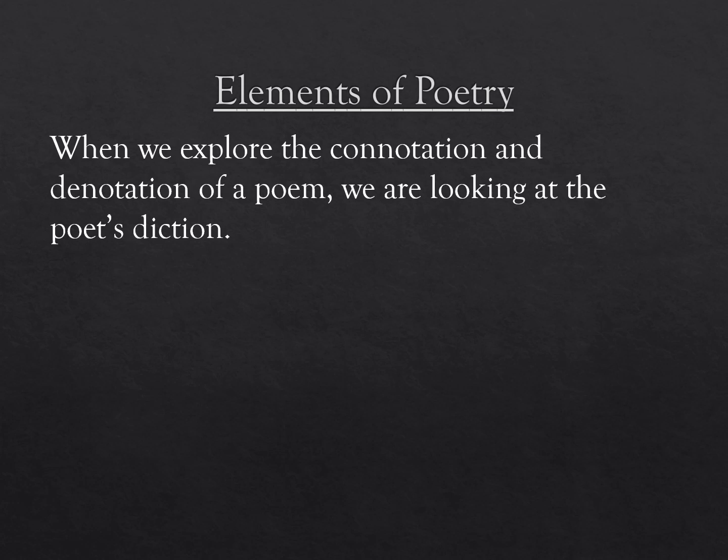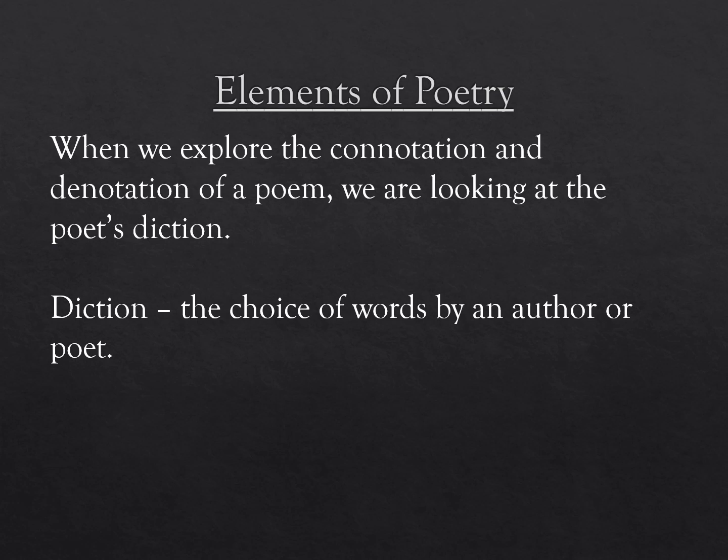So for the formal elements of poetry, when we explore the connotation and denotation of a poem, we are looking at the poet's diction. Diction in formal writing refers to the choice of words by an author or poet. Diction is different in singing, because in singing, diction refers to how the words are uttered and produced.